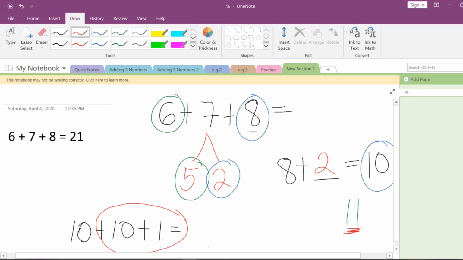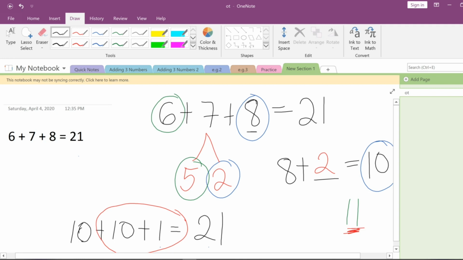What's the number bond for 11? 10 and 1. That's why 10 plus 1 equals 11. Now we can add all the numbers together. 10 plus 10 equals 20. 20 plus 1 equals 21. So the answer is 21.